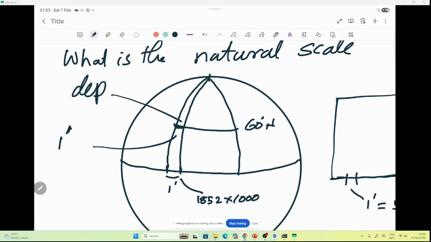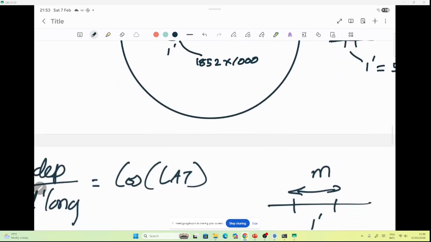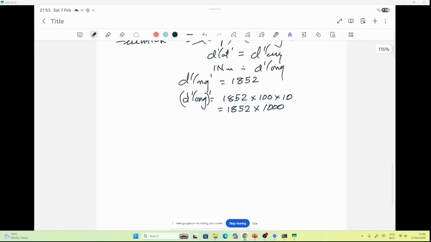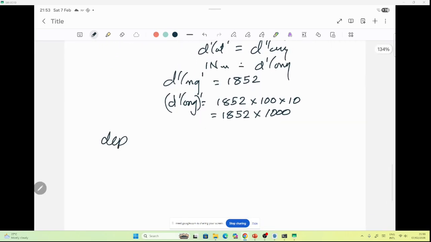Then we can easily find out how many millimeters in 60 degrees north between 1 minute of d long. You can simply go back to departure divided by d long is equals to cos latitude. So departure we need to find out in millimeters.